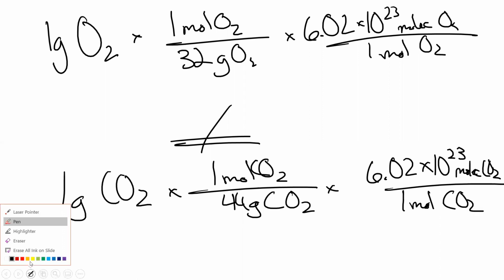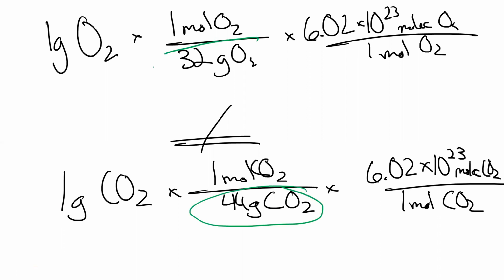And again, if you look carefully, it's these masses right here, mass in grams, that are going to mess with you and make sure that you do not have an equal number of particles. Okay?